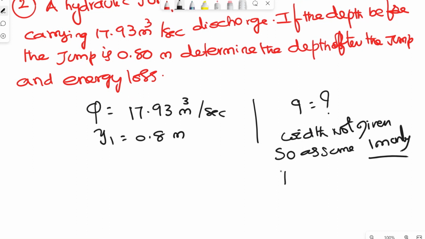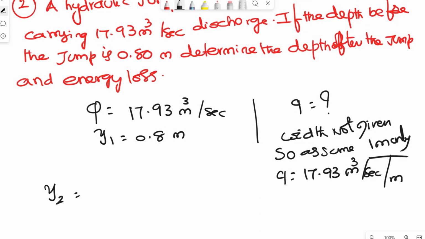So therefore q is equal to the same 17.93 meter cube per second per meter. That we will record it. Now what has he asked? y2.